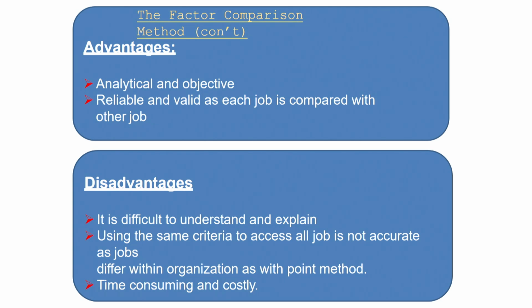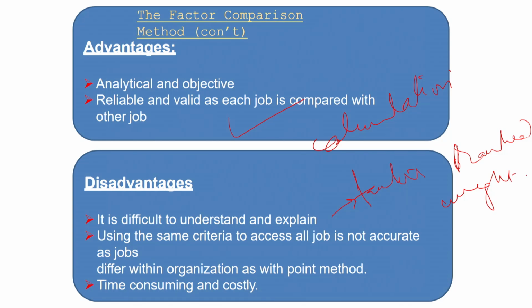For example, they are very objective and reliable. Why? Because a lot of calculation work is done, and wherever there are calculations, things become very easy. And at times there can be disadvantages, as I told you, that it is very difficult to explain and understand. The reason is that there are different factors which have to be ranked, and then the weights are given, then the comparison is done.